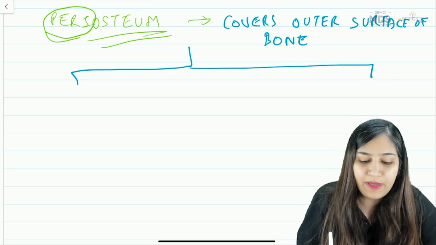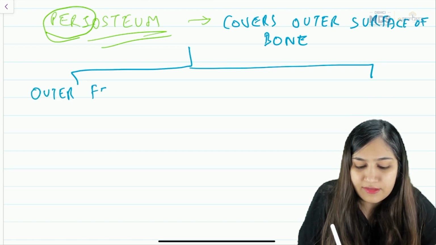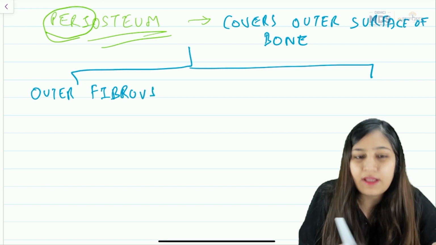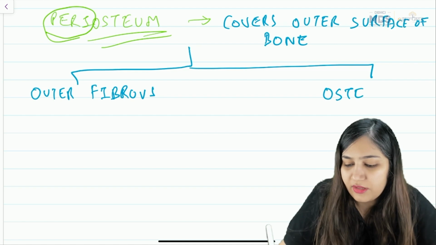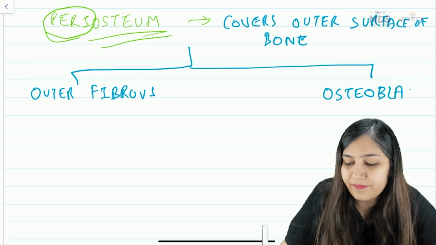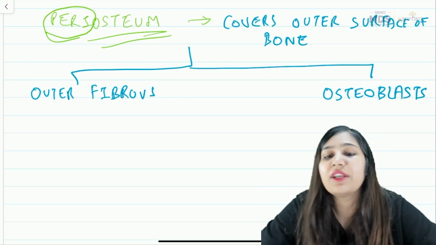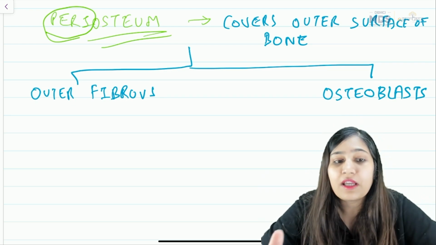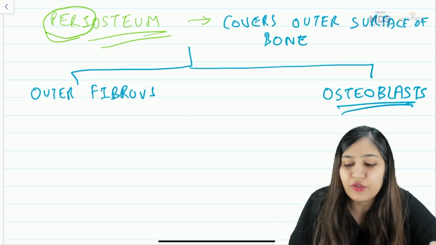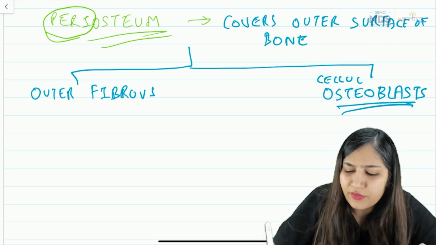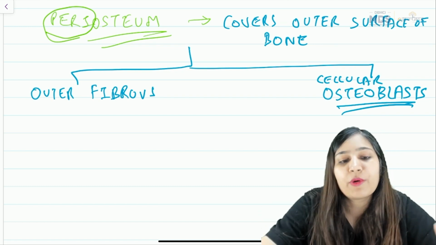The fibrous layer is rich in blood vessels and nerves, composed mainly of collagen fibers and fibroblasts. The inner layer is cellular, having osteoblast cells surrounded by osteoprogenitor cells.